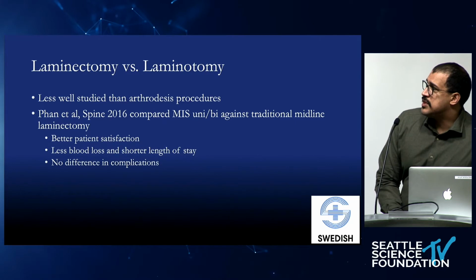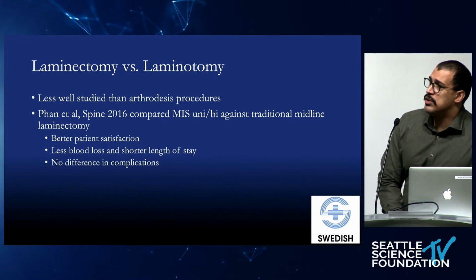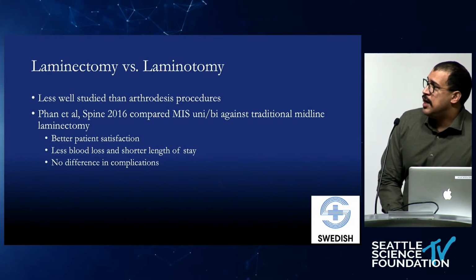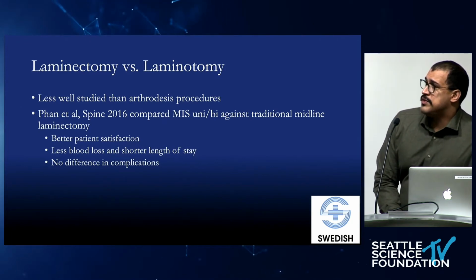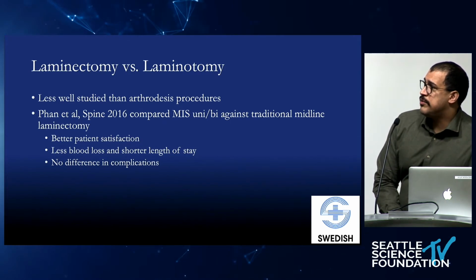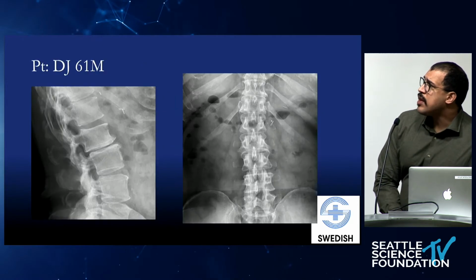You're saving that muscle dissection on the other side, and that's definitely borne out in the literature. It's a technique that I like to use, whether it's through a tube or with a mini open approach. I've found that patients have done very well from that, so it's something that we could definitely integrate into our practice with pretty limited teaching.